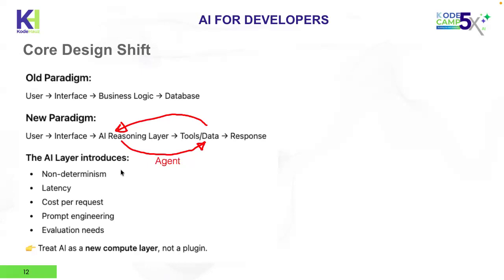And this is essentially repeating what we've already said, that the AI layer introduces all of this. It introduces the non-determinism, the fact that the output from the AI is not always going to be exactly the same. It will change, and you cannot fully control it, or you can constrain it in a particular way.